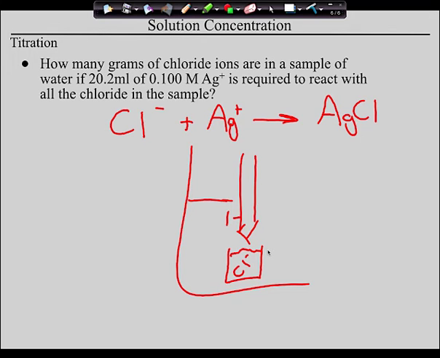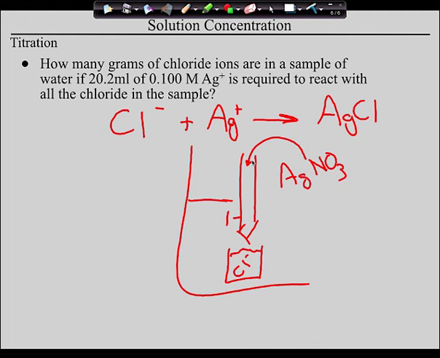What about silver chloride? No. That's our product. What about silver acetate? That would work. But guys, silver nitrate would be our cheapest and most readily available choice. So what we've actually done is put 0.1 molar silver nitrate solution in the burette.